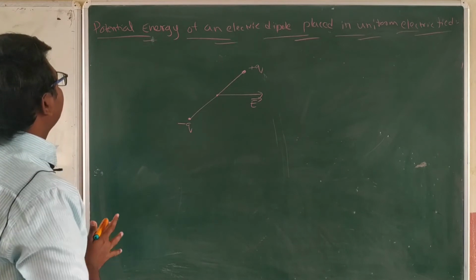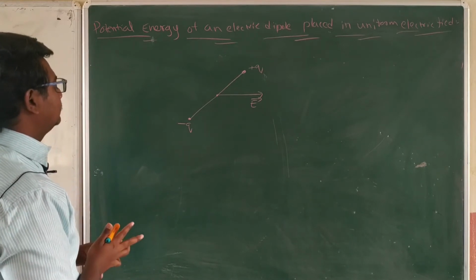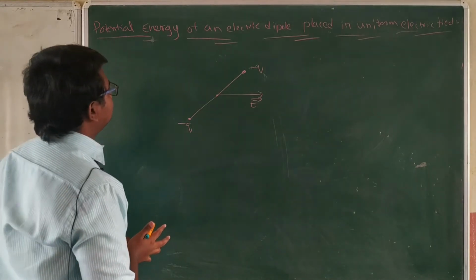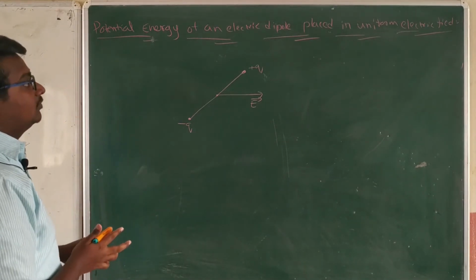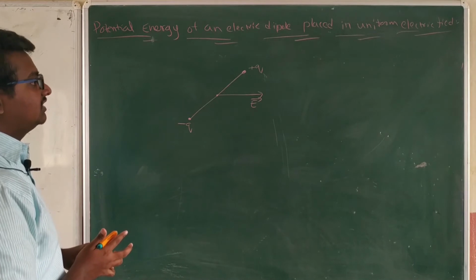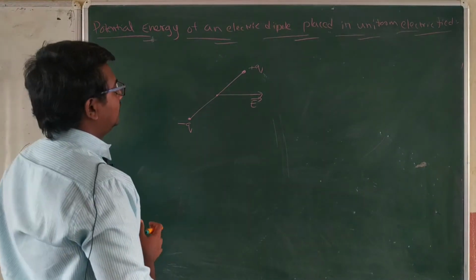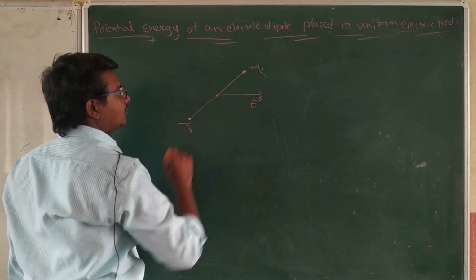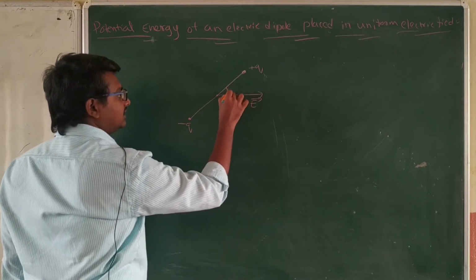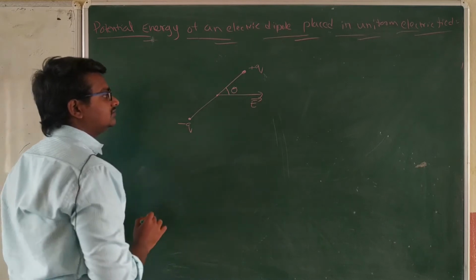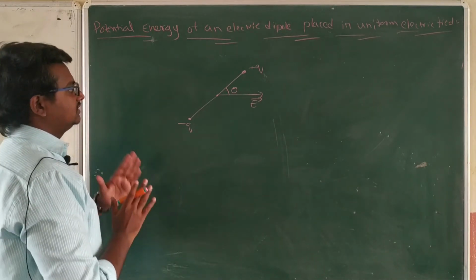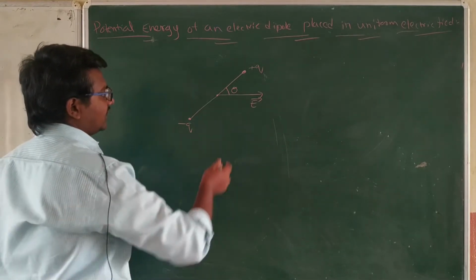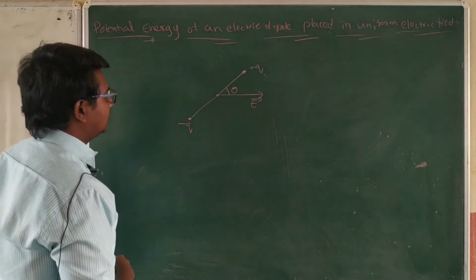While finding the potential energy of an electric dipole placed in a uniform electric field, at a particular instant of time the dipole makes an angle theta with the field.